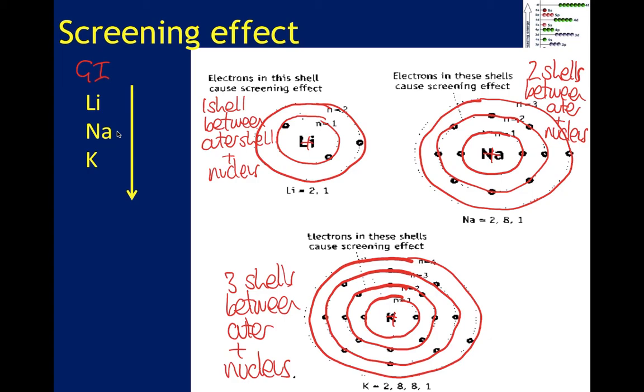So your atomic radius is increasing as you go down the group, and the screening effect is increasing as you go down the group, and that's because you're getting more energy levels between your outer electron and your positively charged nucleus.